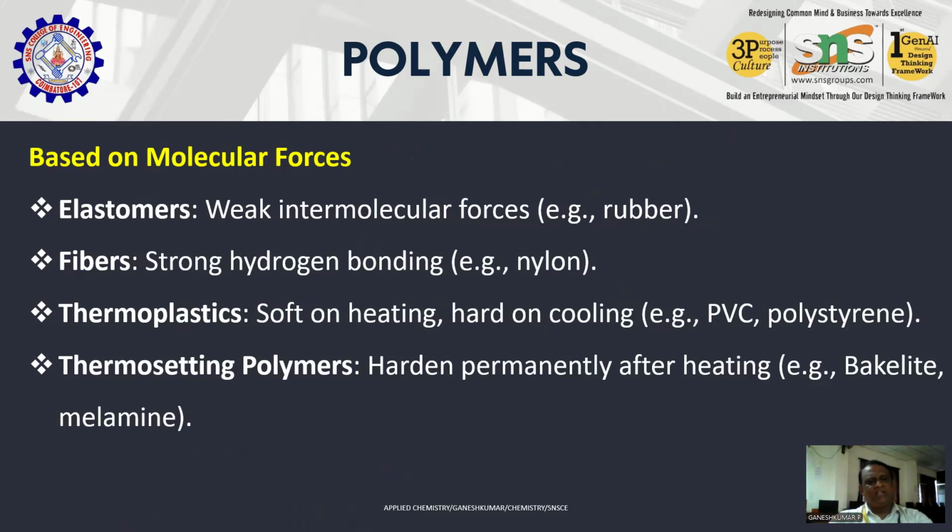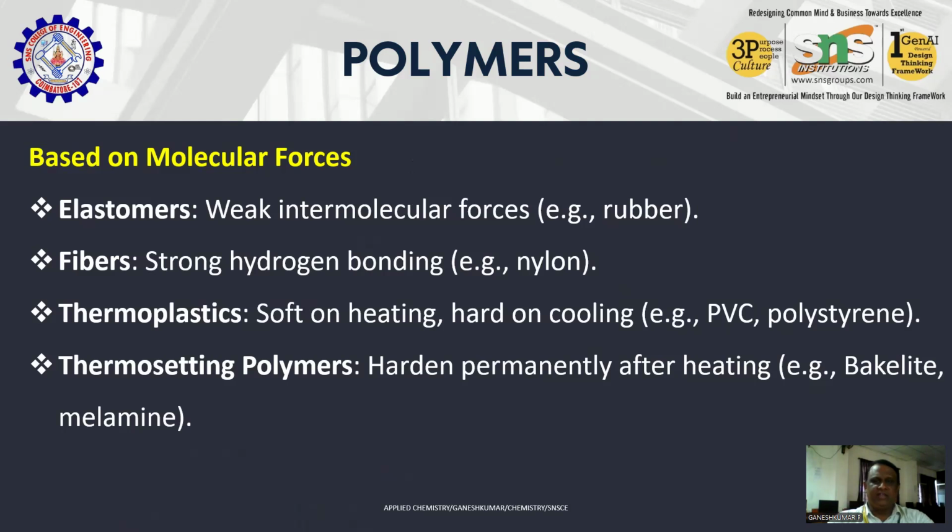Then the next one is based on molecular forces, and how they can bring certain changes in the molecules: elastomer, fiber, thermoplastic, thermosetting plastics. Elastomers are those in which weak intermolecular forces operate.